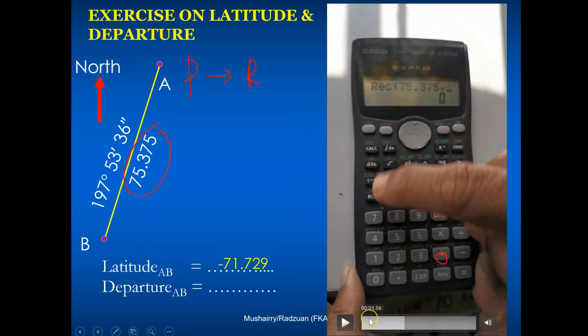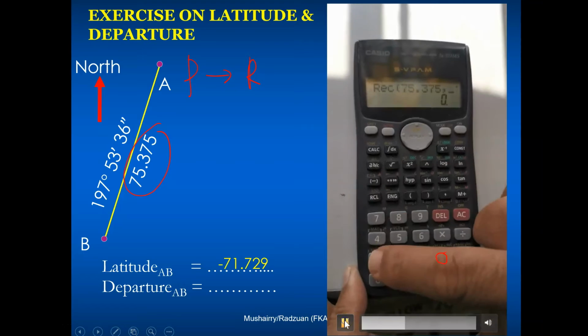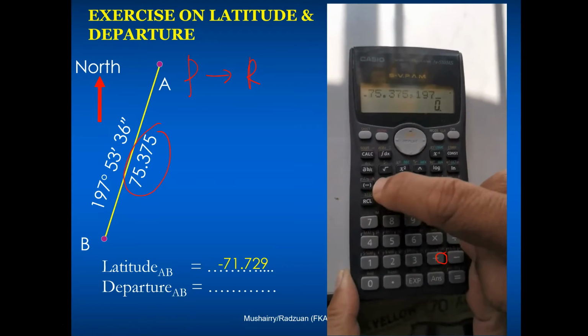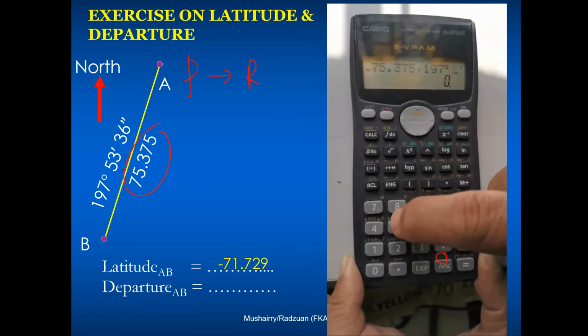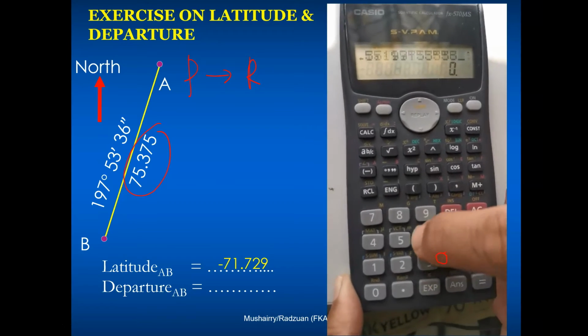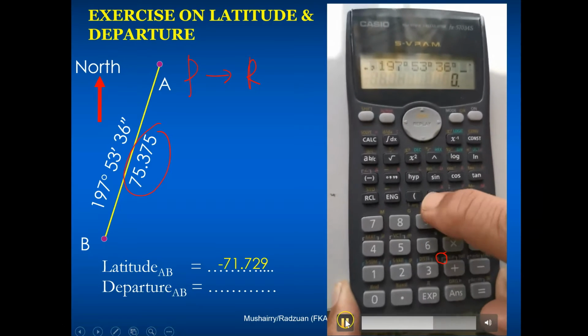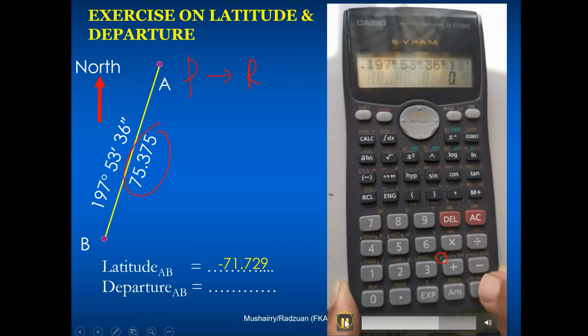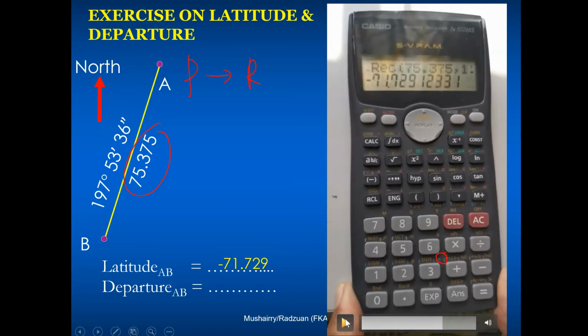Next you have to put in the angle 197 degrees, 53 minutes and 36 seconds, and close the bracket, and you press equal. That gives you the distance 71.729. So that's the same. 71.729.